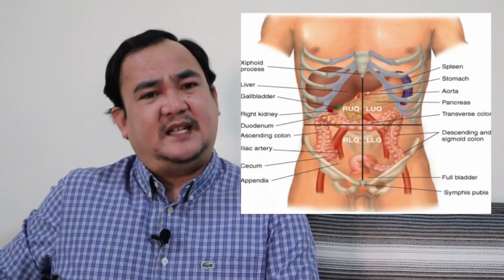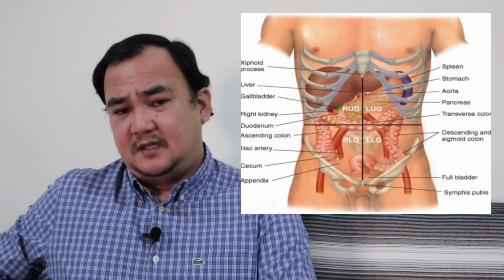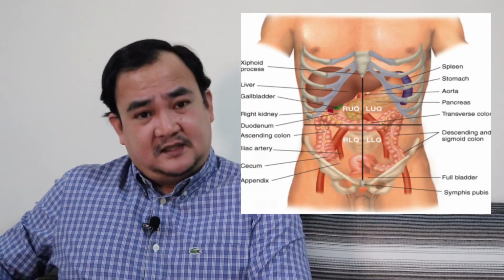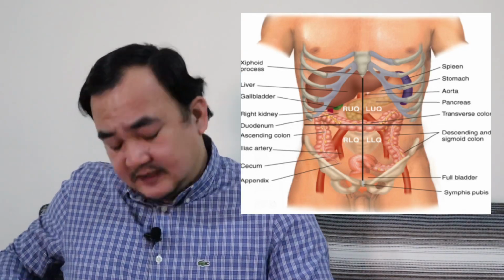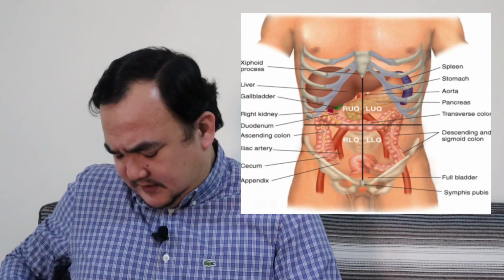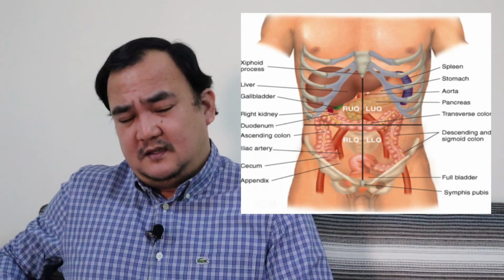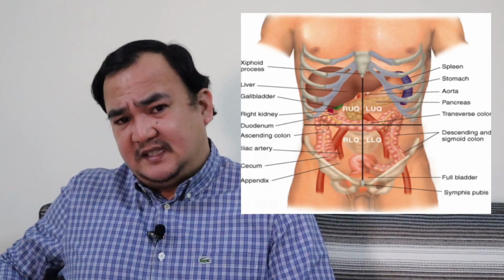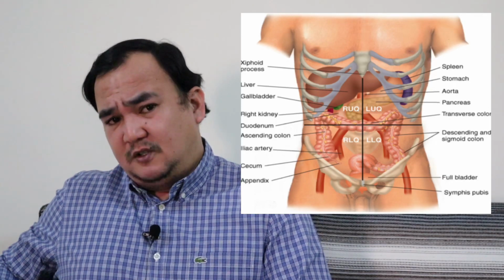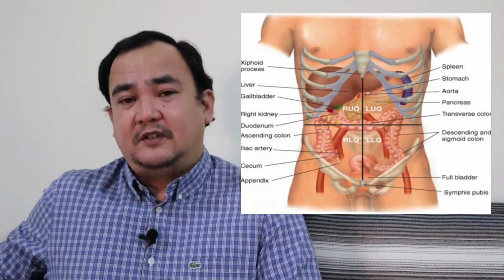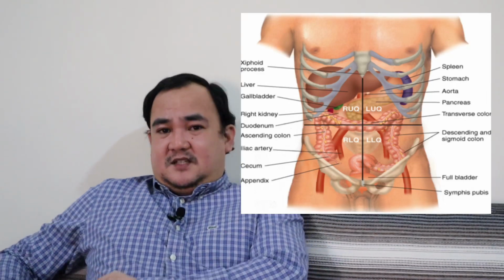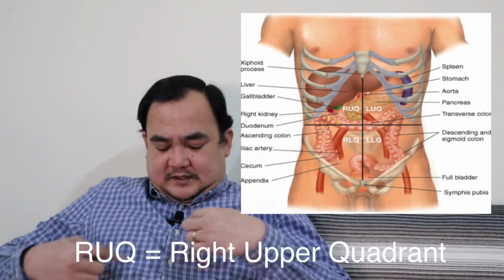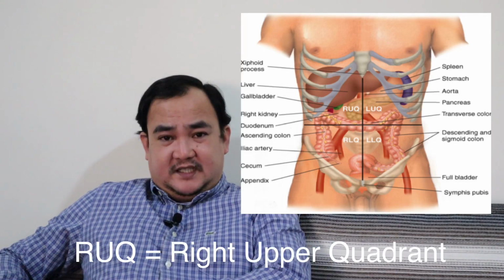Basically, it's just below the rib, in the right lower rib part. The liver is located here, and the liver edge can be palpated just below your right lower rib. So this area is our right upper quadrant.